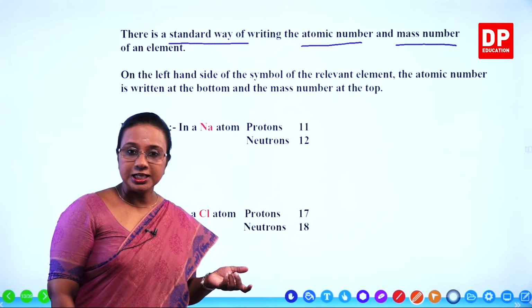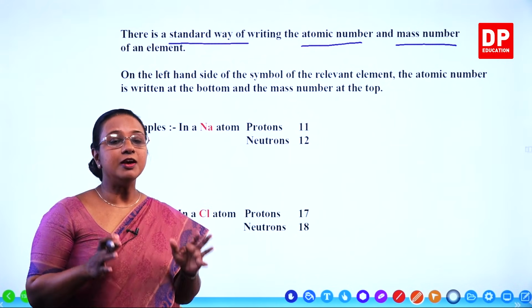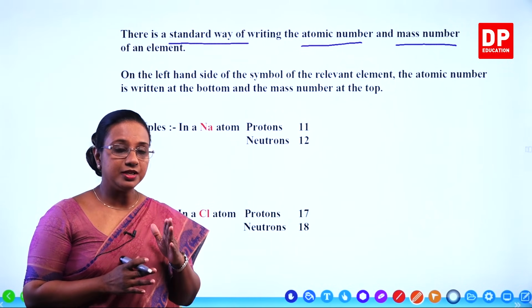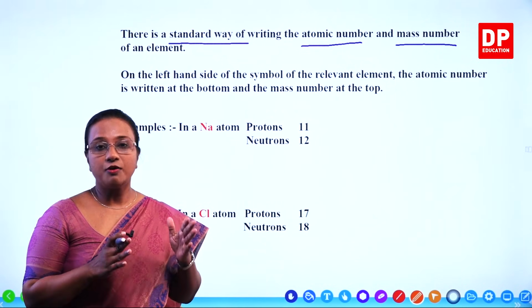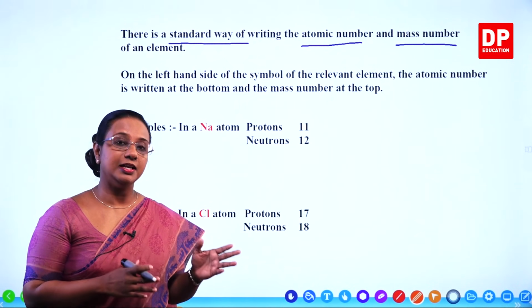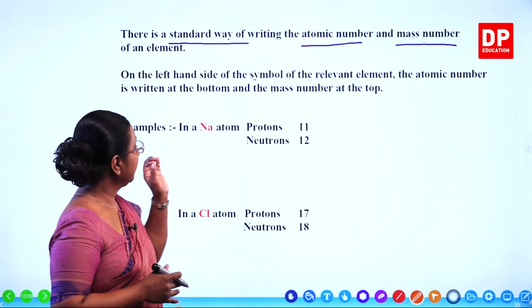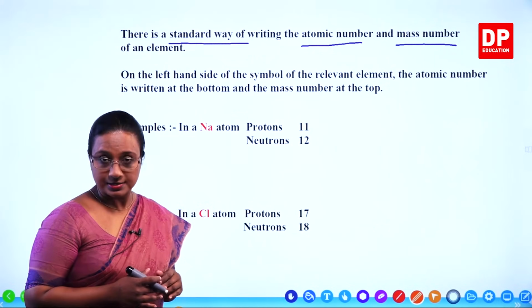You have already learnt in grade 9 that we give different symbols for atoms of elements, and it is a capital letter of the name of the element, either in English or in Latin. So here also we use that particular symbol.